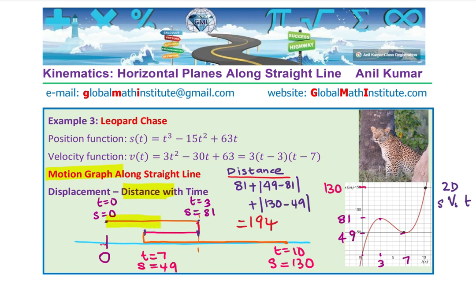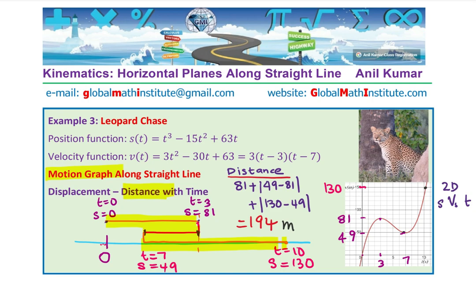So we add it from here to here, then this, and then this, all the three. When you add individually these absolute values, you get the total distance traveled. And the units, of course, are in meters. So the leopard in this chase traveled a total distance of 194 meters. Make sense?